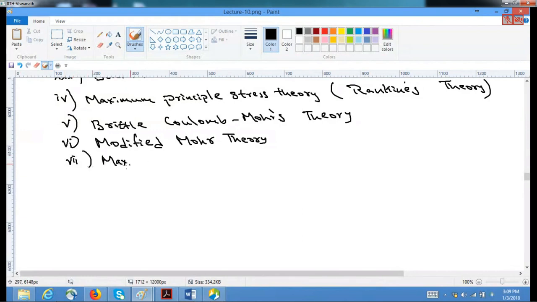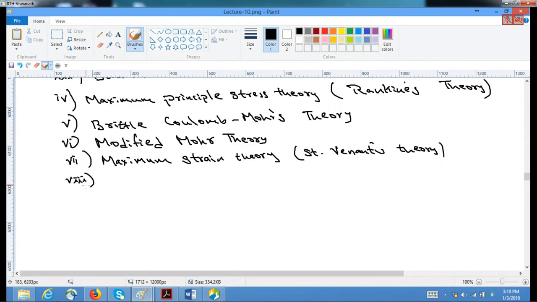Maximum strain theory, also known as Saint Venant's theory, and we have maximum energy theory, also known as Haigh's theory.